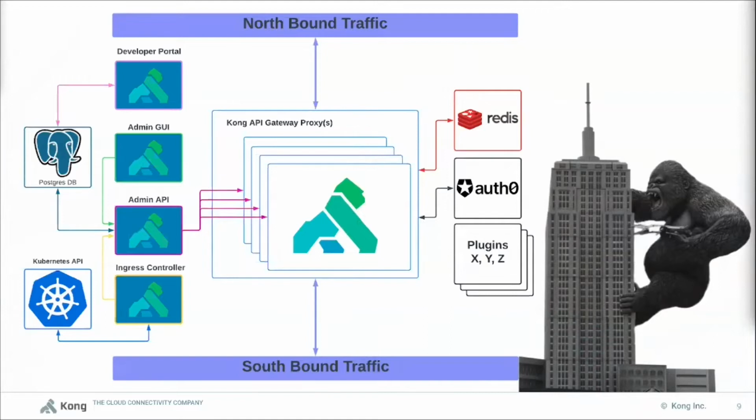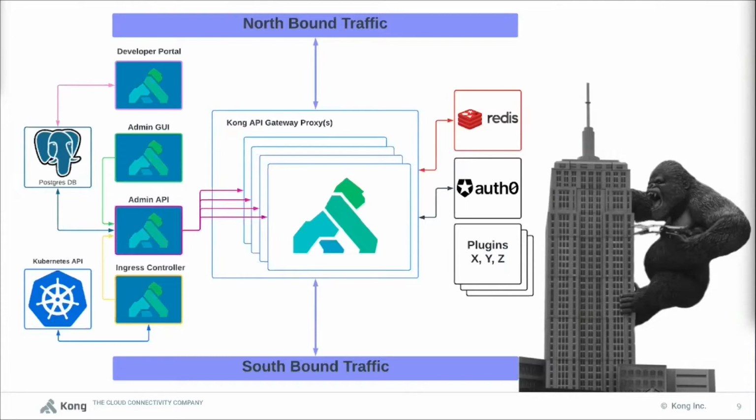And then on the right, we're looking at the integrations. So if you are leveraging a Redis database, for example, for caching across your different Kong proxy data plane instances, whether you are integrating into different OIDC providers or coding or utilizing other plugins yourself.